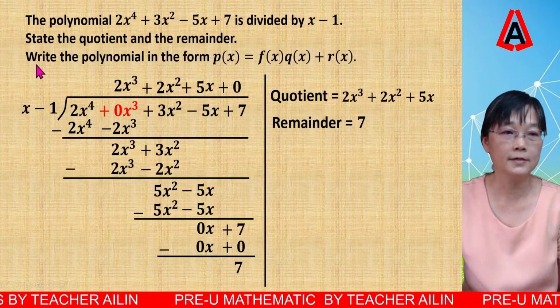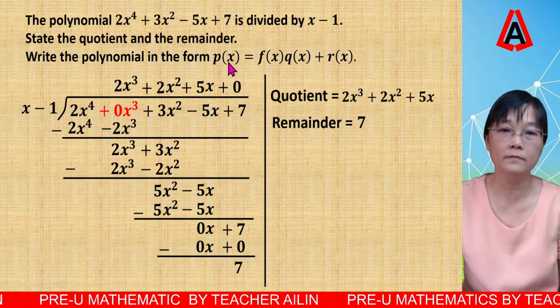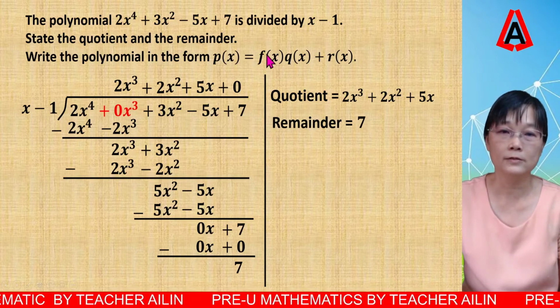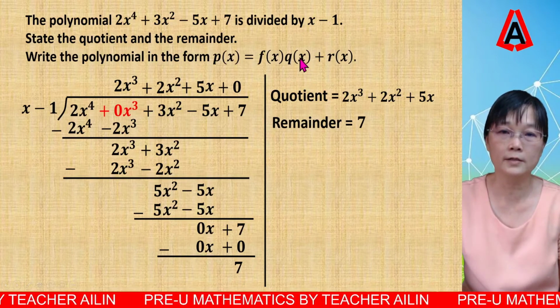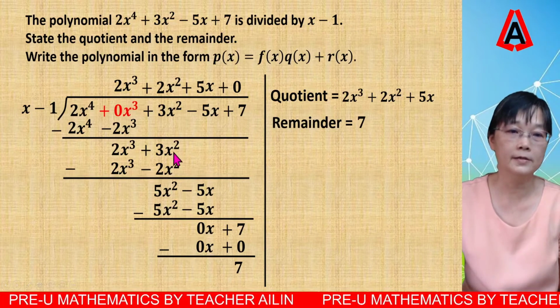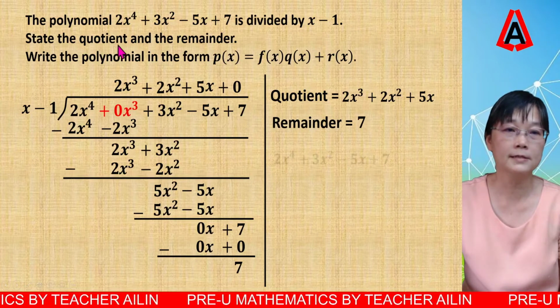And then the question asks, write the polynomial in the form, this one. So this is the polynomial, this one is the divisor, one is the quotient, and this one is the remainder. So based on the long division, the polynomial is this one.